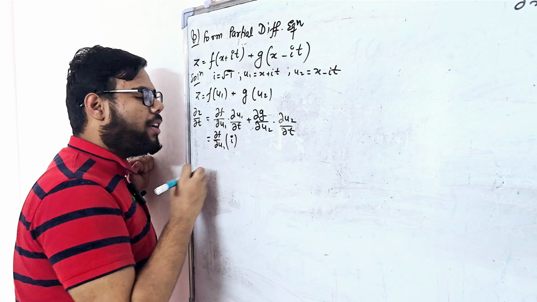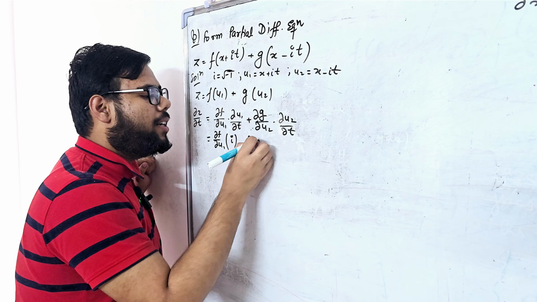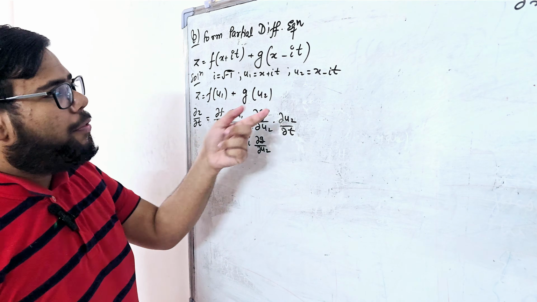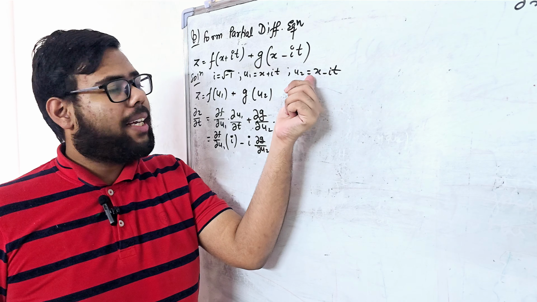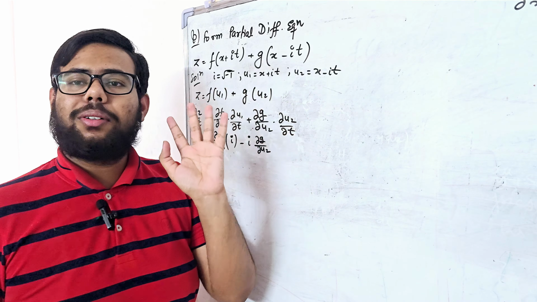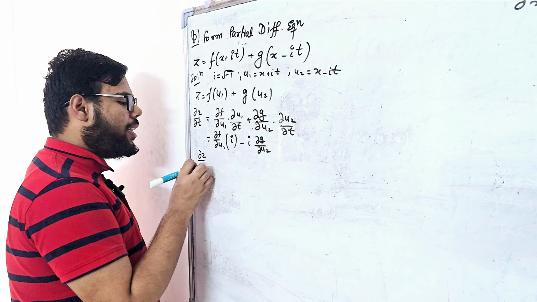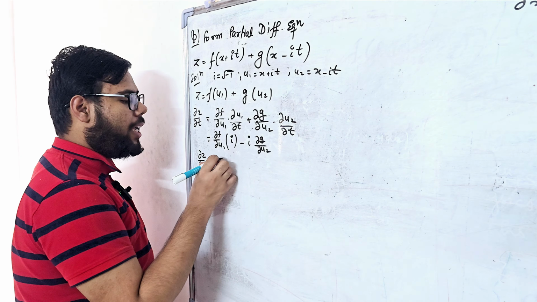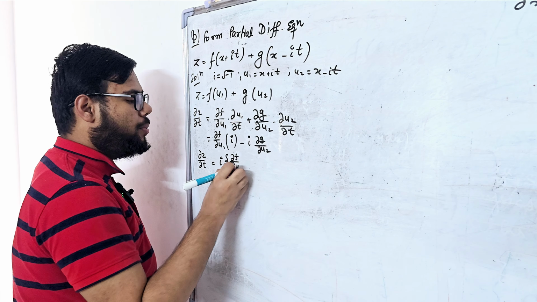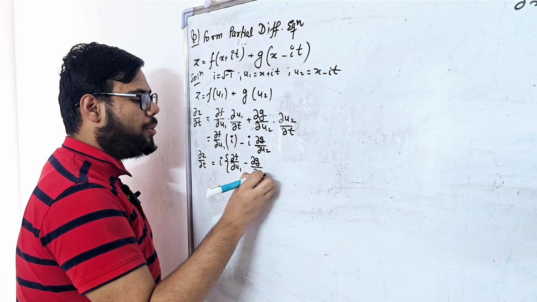It will be i, right? Correct? And over here it will become negative i del g by del u2. Of course, when you're differentiating it with respect to t, then x is a constant, and when you're differentiating with respect to x, then t is a constant. Simple, right? Okay. So del z by del t is equal to i, we can take as common, del f by del u1 minus del g by del u2, correct?